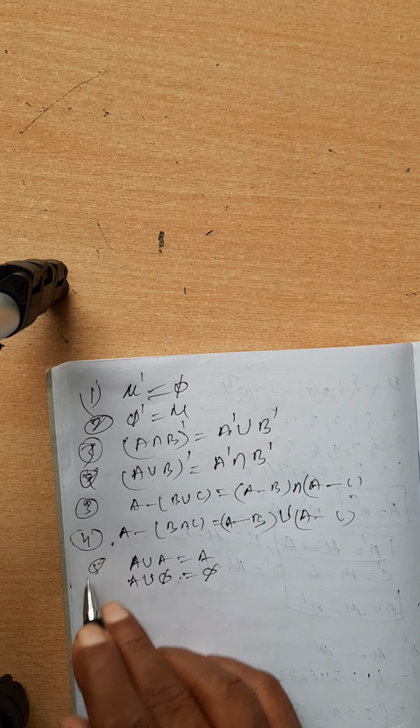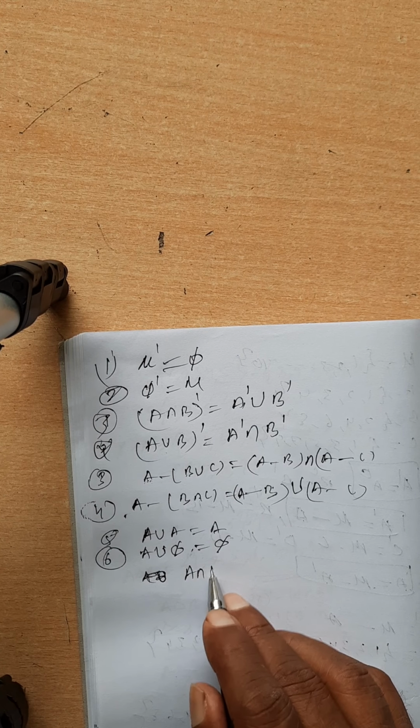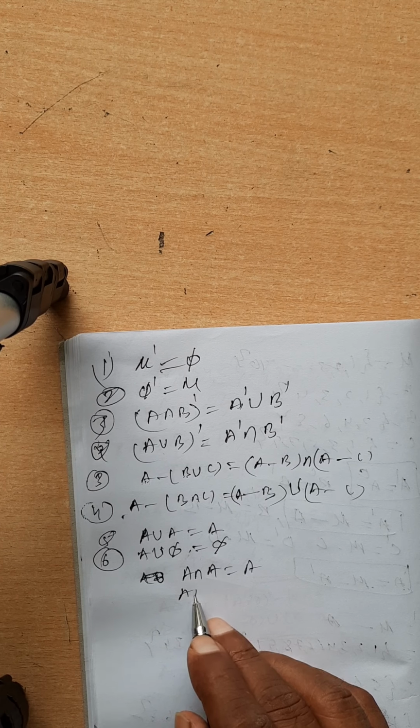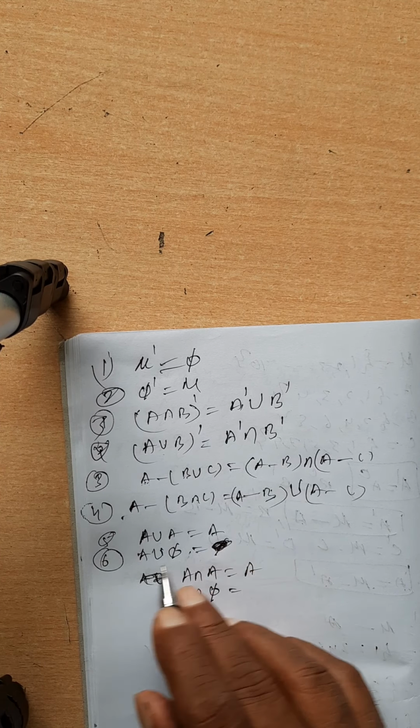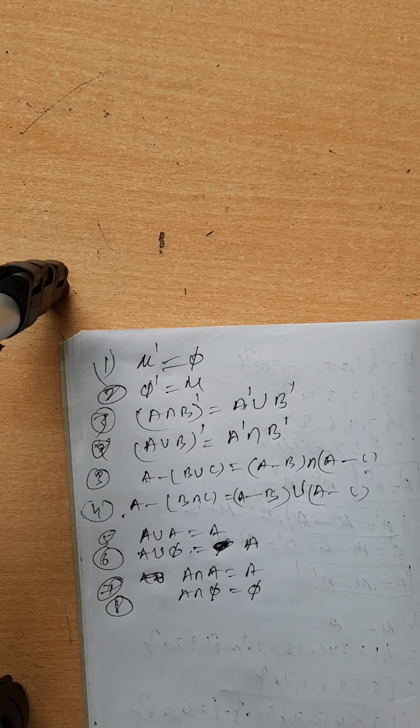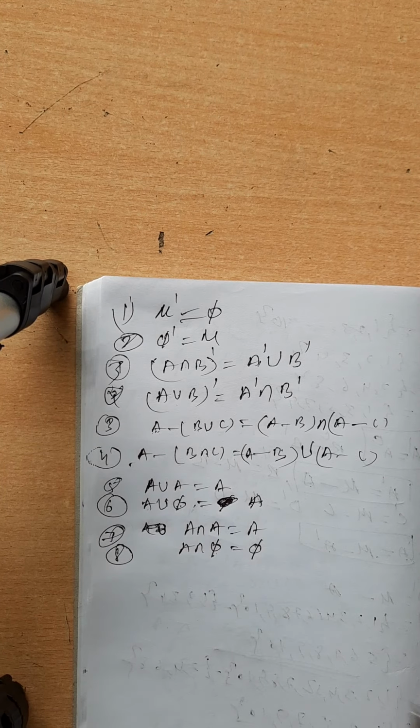A union A is A, A intersection A is also A. For union with phi it is A, for intersection with phi it is phi. So this is 7, this one is 8. Remember that union with the null set is the set itself. Intersection with the null set is the null set. So these are the special properties you have to know.